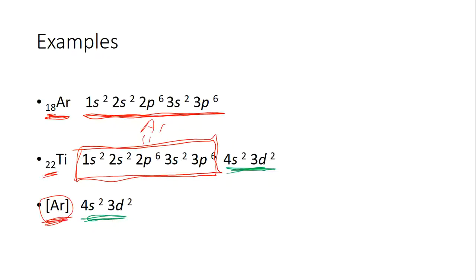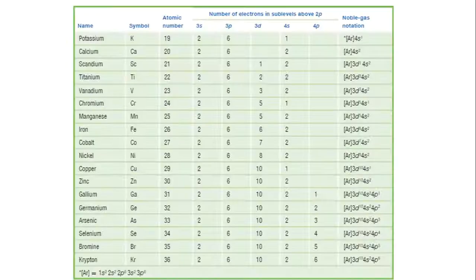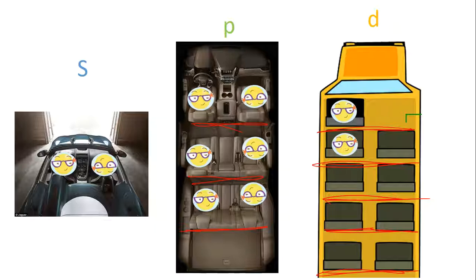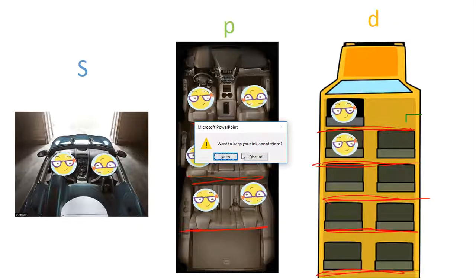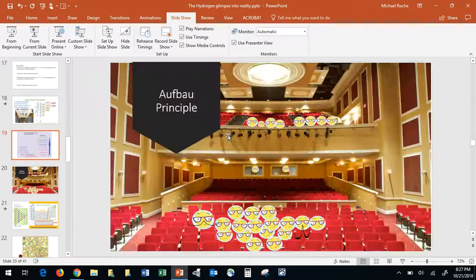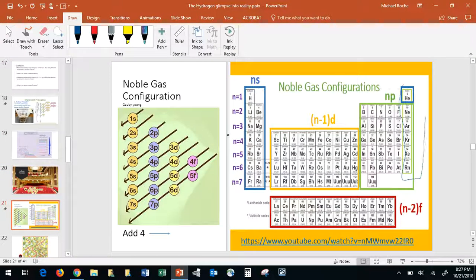So you're allowed to do this with what's called noble gases only, right? So the noble gases are the last part of the periodic table, these group here. So you can only do that for the group in here at the end of the periodic table.